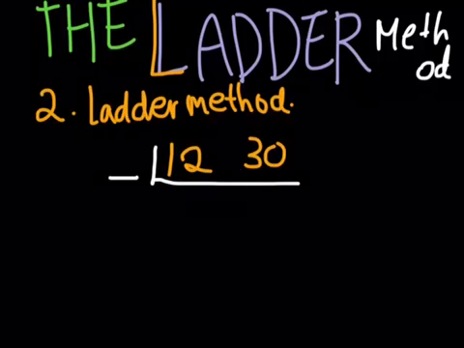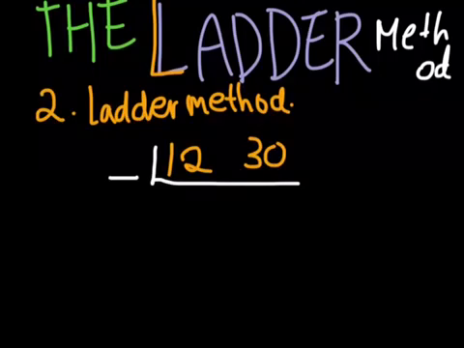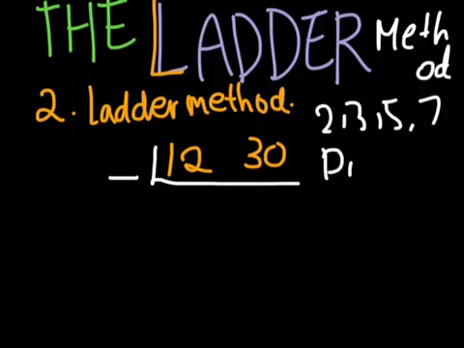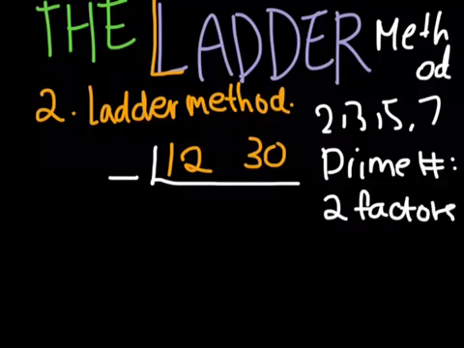So what do you think that is? A prime number is like this: 2, 3, 5, 7. I have not explained what a prime number is. A prime number only has two factors, 1 and itself.